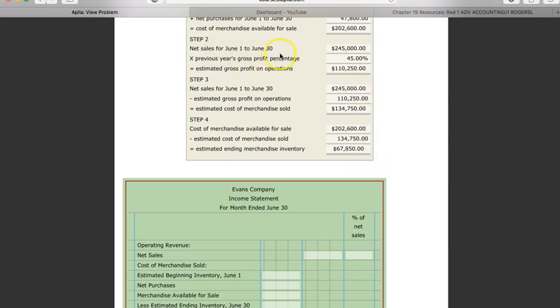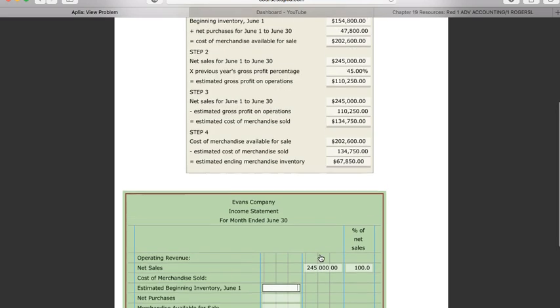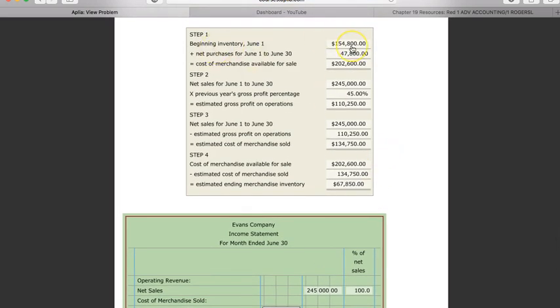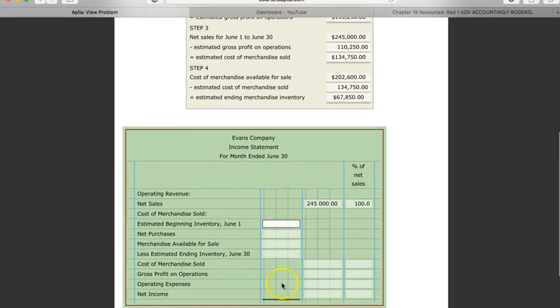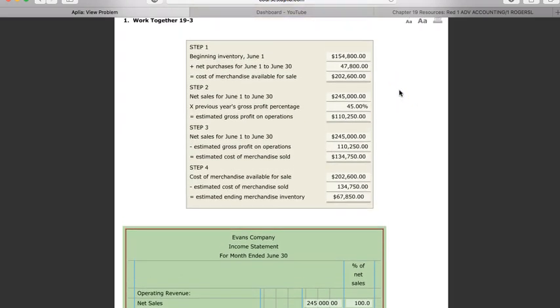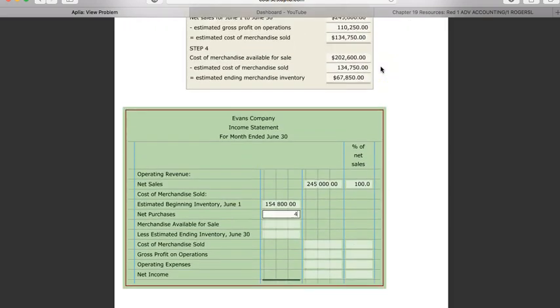Net sales for June 1st through June 30th are $245,000. So we're going to put that here, and that's 100% of our sales. That's all our sales. Now we're going to go for our cost of merchandise sold. So the estimated beginning inventory June 1st was $154,800. So that amount's going to go here. Then our net purchases were $47,800. So we're going to put that number here.